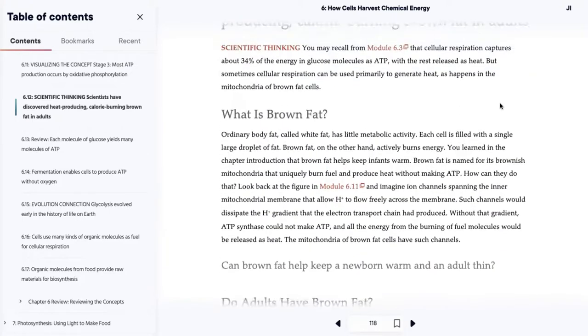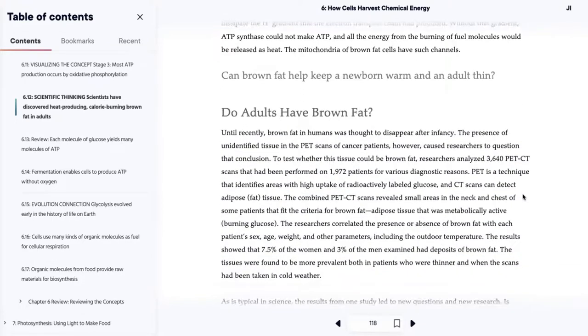So basically, brown fat is doing this thing such that we eat the same amount of food that would normally be used to produce X amount of ATP. We have to eat the food, we have to breathe the oxygen, and we would normally produce X amount of ATP, but we're kind of short-circuiting the ATP production, so we end up with less ATP.